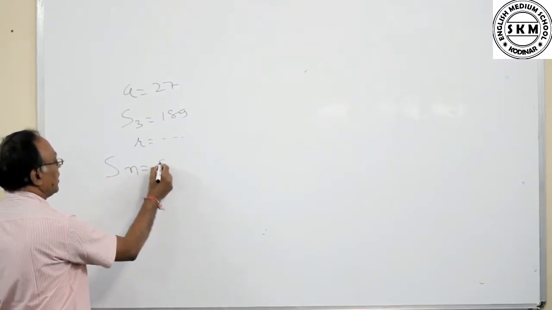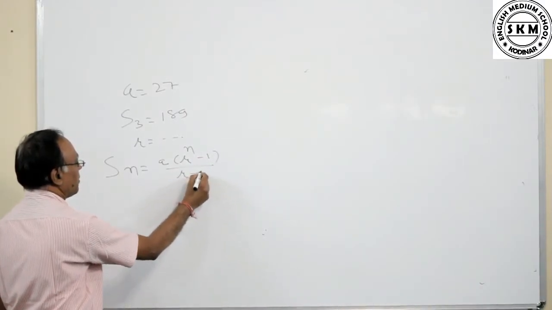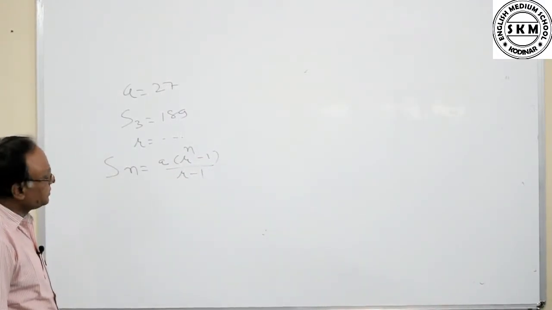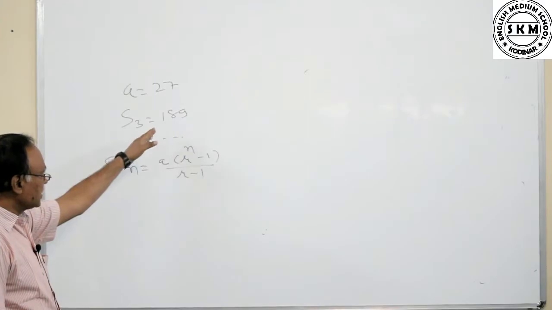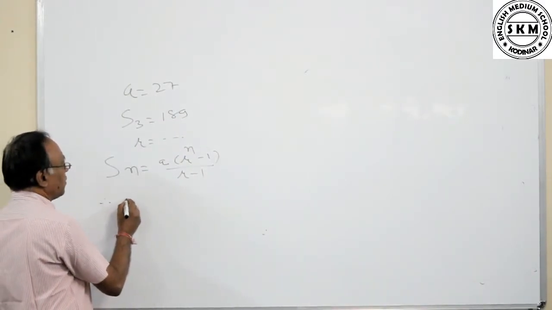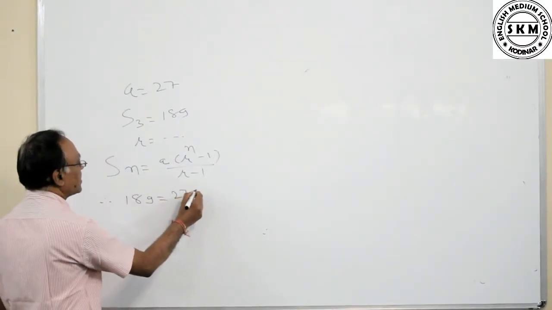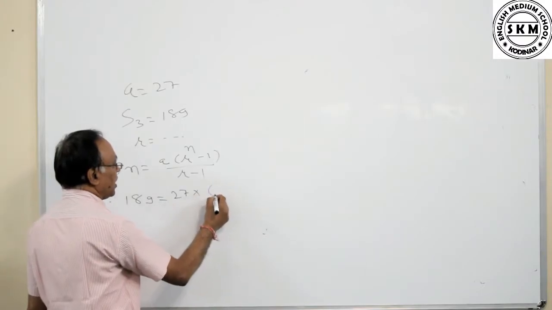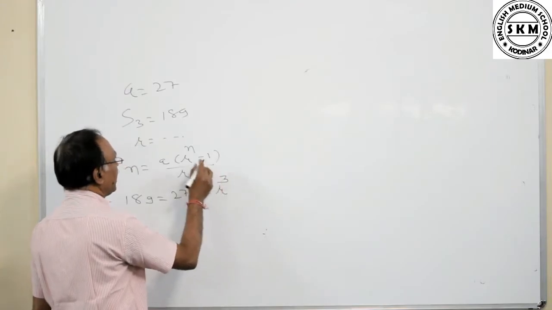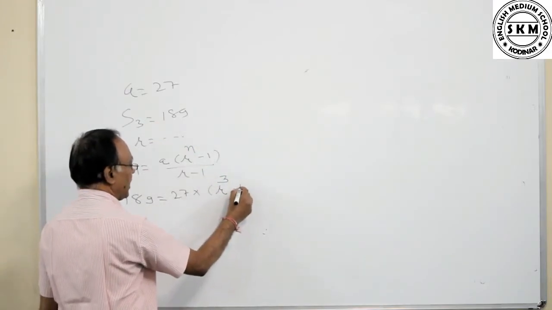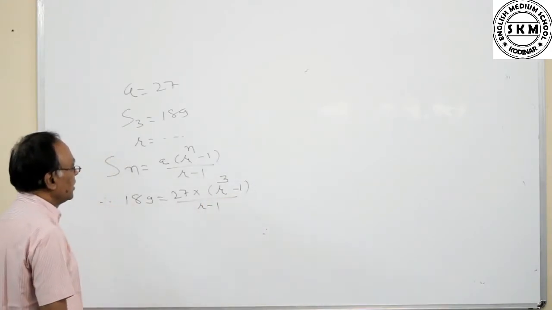Sn is equal to A times (r raised to n minus 1) upon (r minus 1). Here n is equal to 3, so S3 is the given value. Therefore 189 is equal to 27 times (r raised to 3 minus 1) upon (r minus 1).